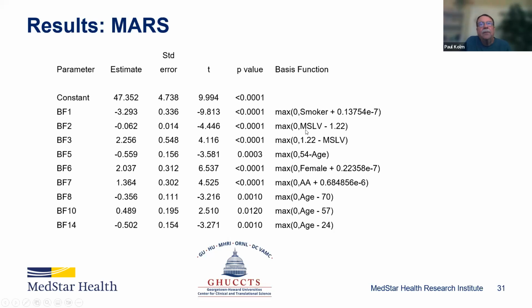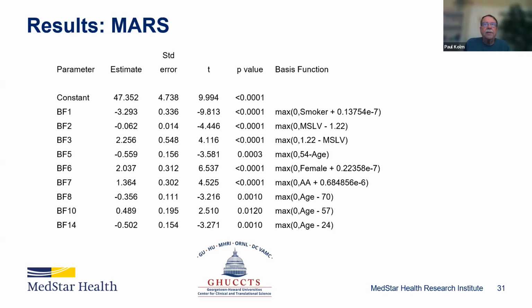You see that for more than one basis function, for the months since the last visit, it's going to be either that value minus 1.22, or if it's smaller, 1.22 minus whatever the value is for months since last visit.